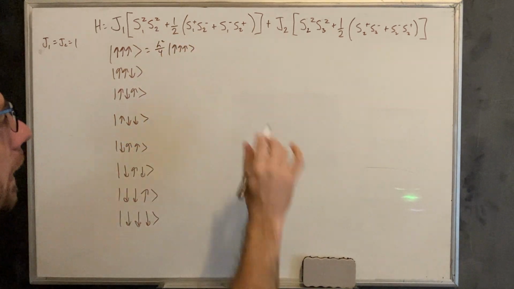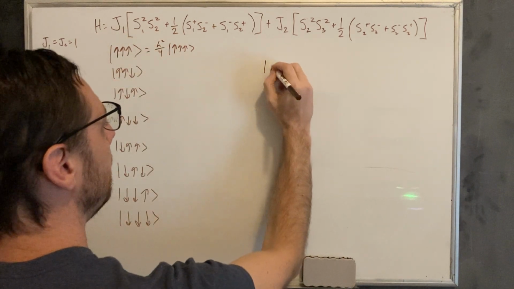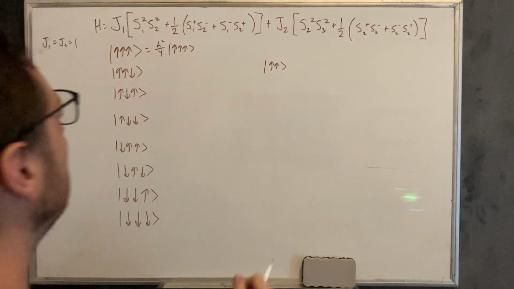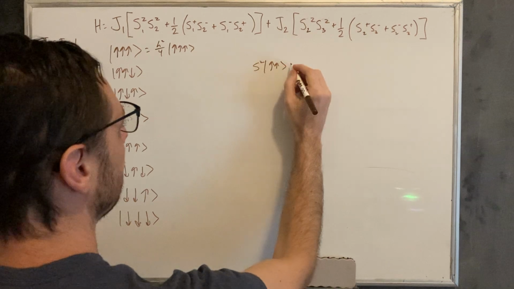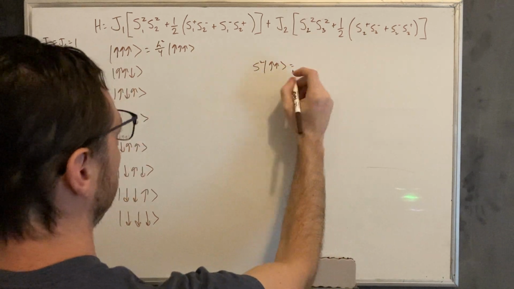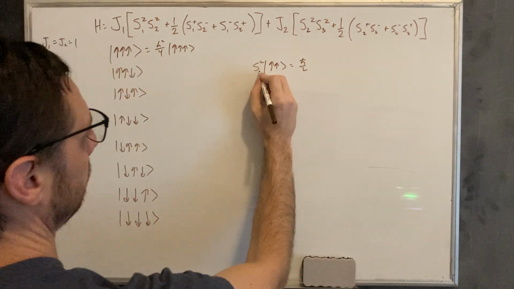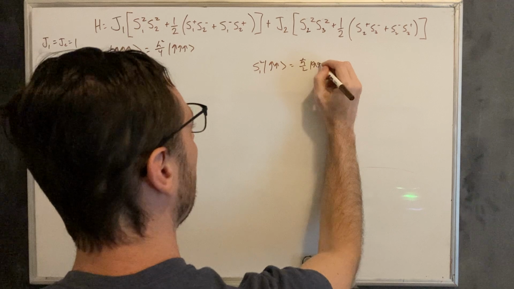Now, you might say, so kind of just a sidebar here. S1 and S2, that's going to be up and up, right? So our first two spins are up and up. And then you apply the SZ operator to that, and you get H bar over 2. So for the first spin, H bar over 2, up, up.